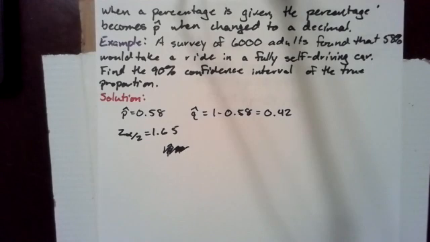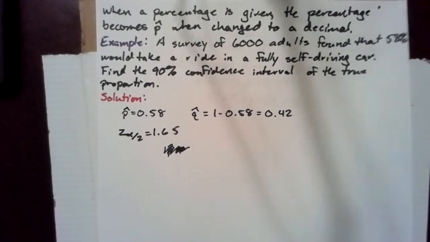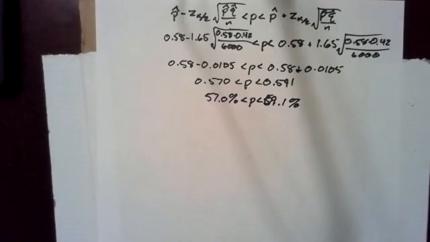And z sub alpha over 2 is 1.65. Then p hat minus z sub alpha over 2 times, all that stuff. We plug in all the values again, and we get 57.0% is less than p is less than 59.1%. So we can say that the proportion falls in this range with a 90% confidence.